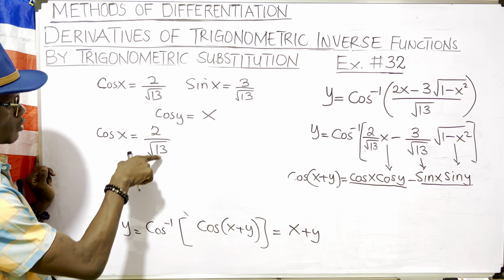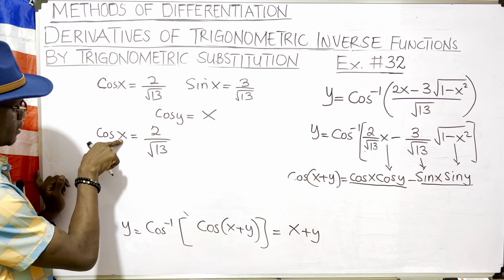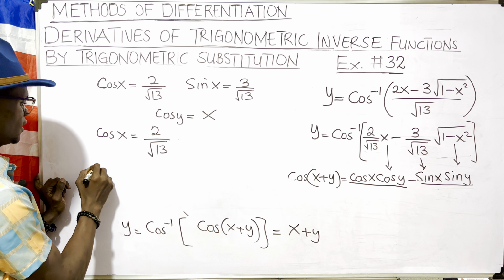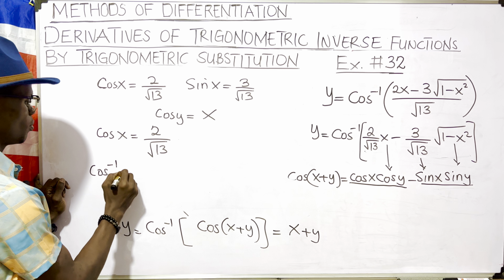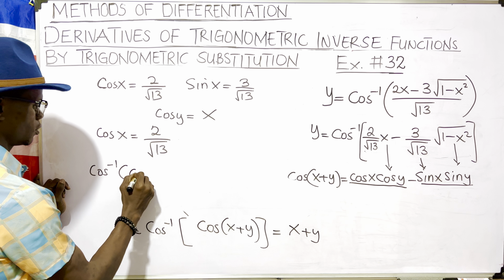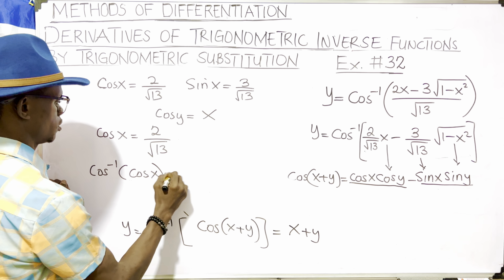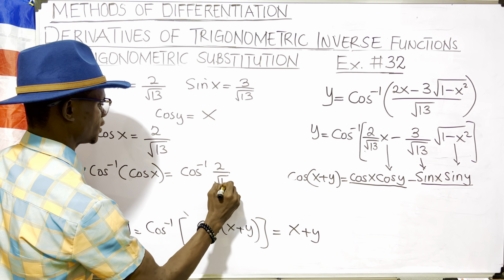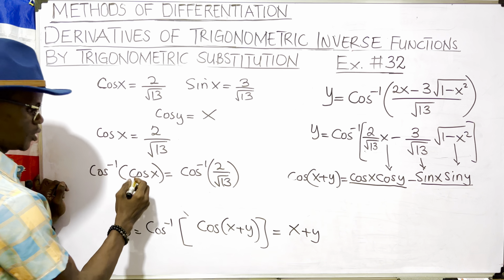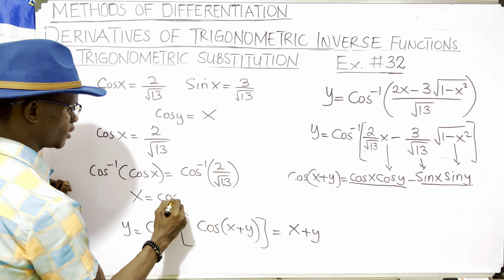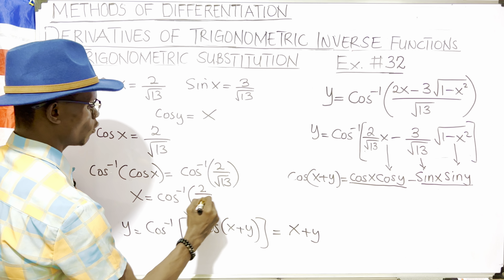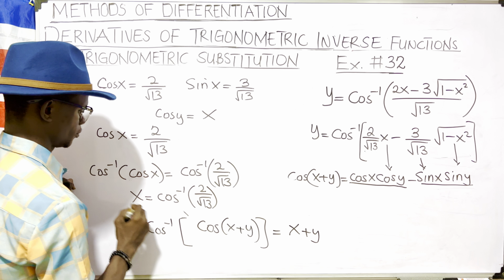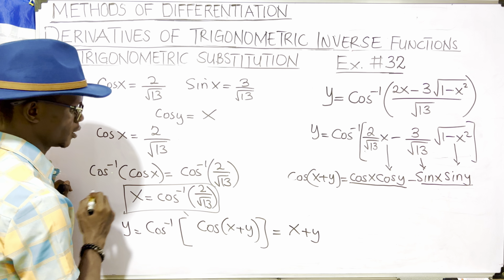So we can solve for x by taking cos inverse on both sides. This gives us x equal to cos inverse of 2 over the root of 13. So this is the first one.